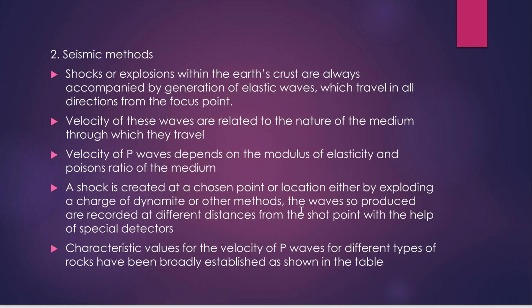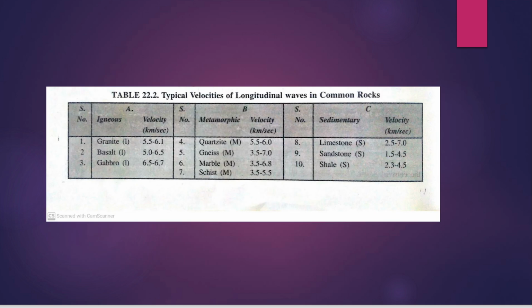Characteristic values of the velocity of P waves for different types of rocks have been broadly established. So using the velocity we find, we can find out the medium, because the velocity of the P wave depends on the nature of the medium. Here in this table you can see the velocity of P waves in different types of rocks.